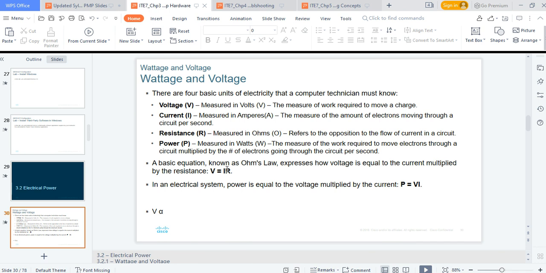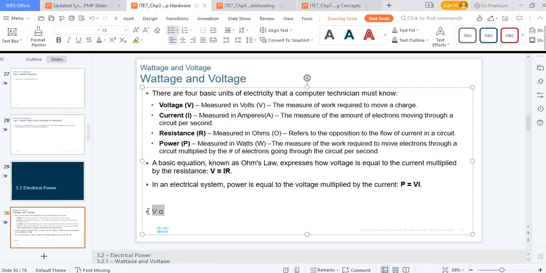Back then in physics days, it's defined here by saying Ohm's law expresses how voltage is equal to the current multiplied by the resistance. This is a very simple definition. If I want to make it a little bit simpler, I would say voltage is directly proportional to current.